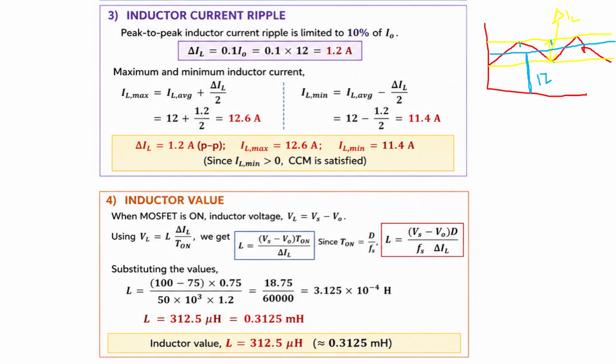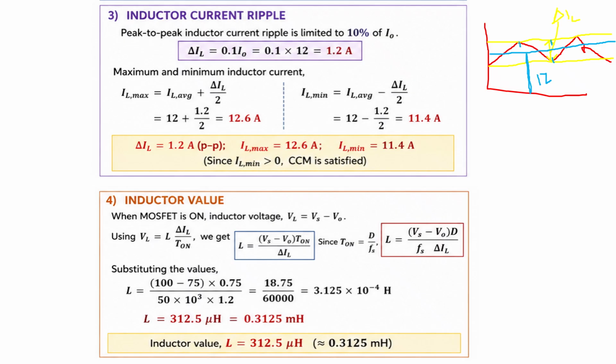And what is the minimum point? Minimum point is average inductor current 12 ampere minus delta IL by 2. So when you add and subtract delta IL by 2, you will get the maximum point and minimum point of inductor current. Peak to peak inductor current ripple value is 1.2 ampere.